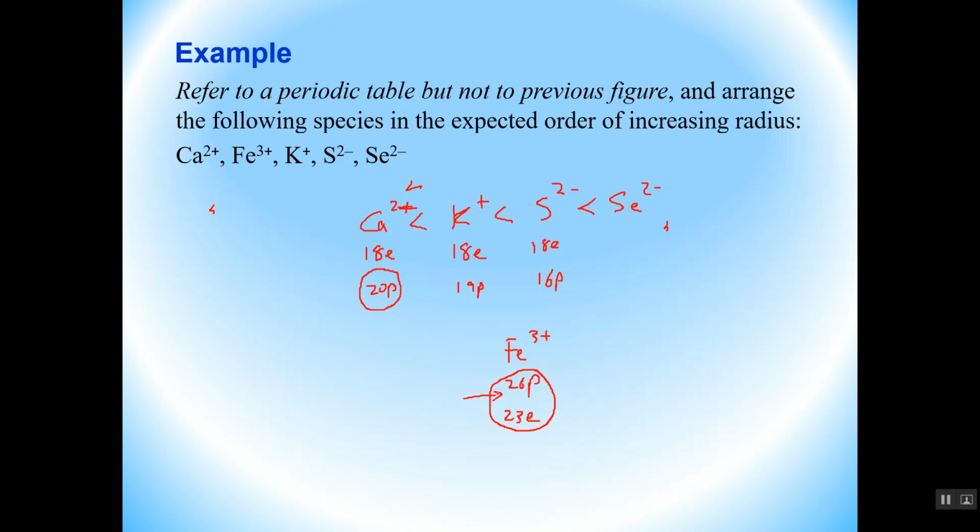The 26 protons make the nucleus more positive and therefore will pull the electrons closer to the nucleus compared to all these other atoms. So therefore, what I will do is put Fe3+ right here. And that would be the correct order of size in terms of increasing radius, all right? Okay, so that's basically how that is done.